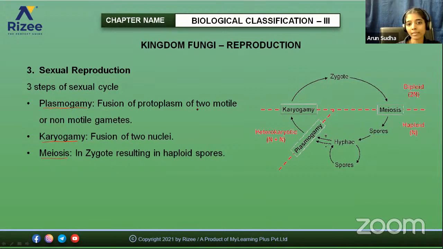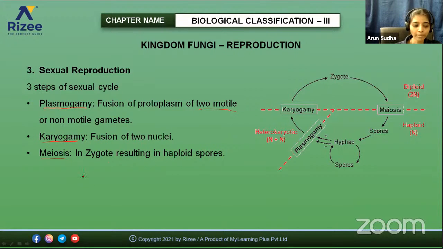So we saw already that there occurs a fusion of 2 gametes. The 2 gametes may be motile, which may result in the formation of zoospores, or non-motile. First there occurs a fusion of protoplasm, then a fusion of 2 nuclei, and it results in the formation of a zygote.